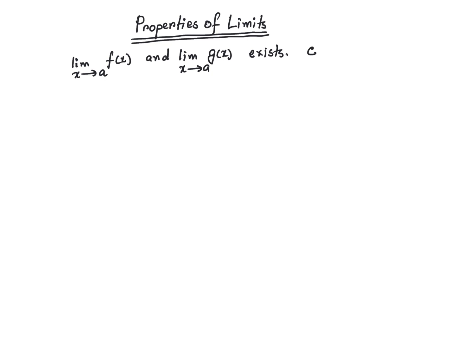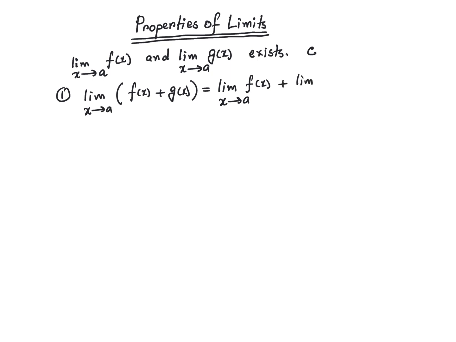Now, the first rule to remember is this. Limit x approaches a, f of x plus g of x is going to be equal to limit x approaches a, f of x plus limit x approaches a, g of x.